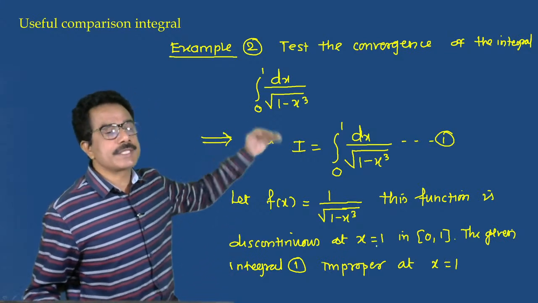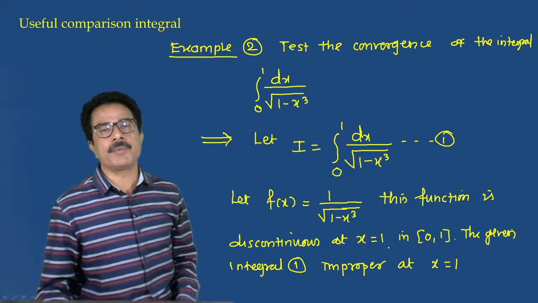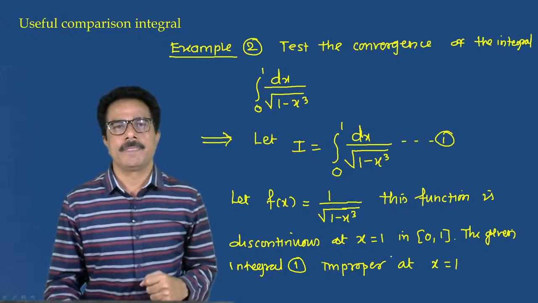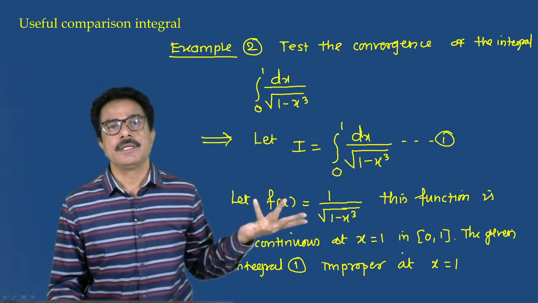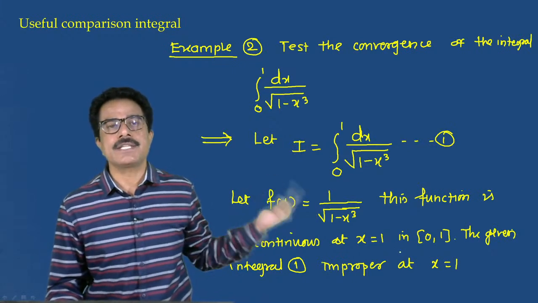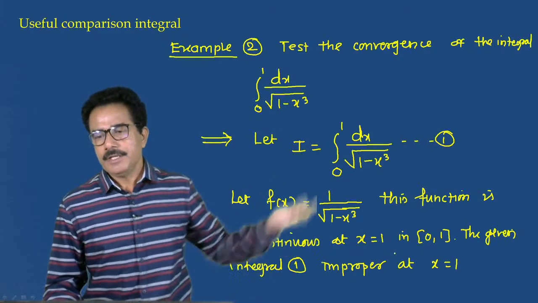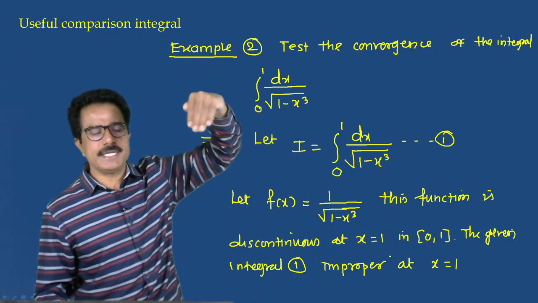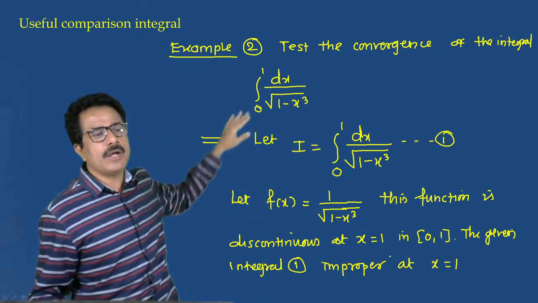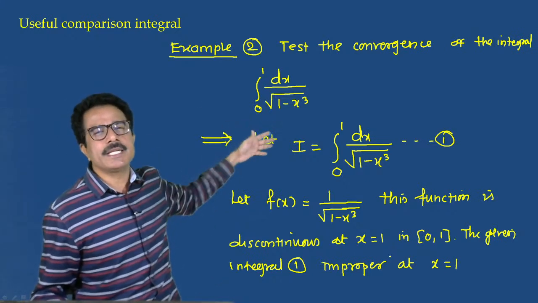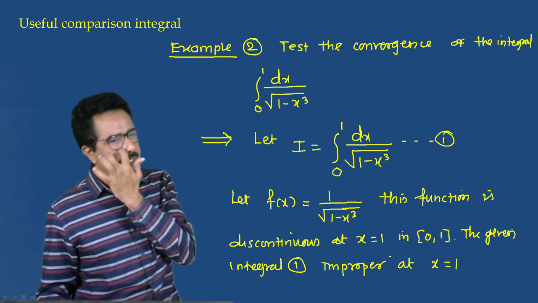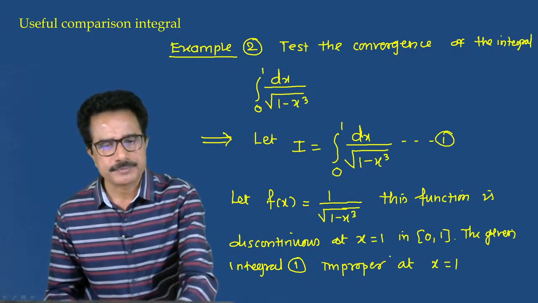Now, to discuss the convergence of this improper integral, we have to use the comparison test which we studied in the last but one lecture. By the comparison test, we can check whether this improper integral is convergent or divergent.